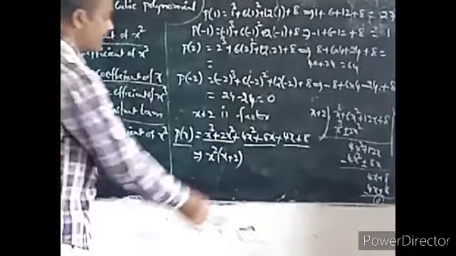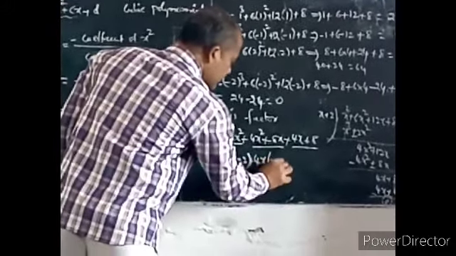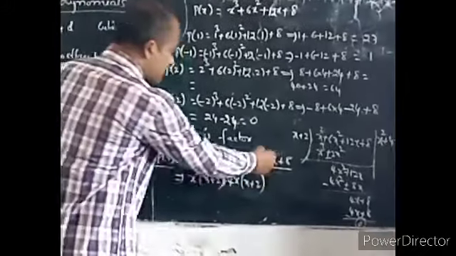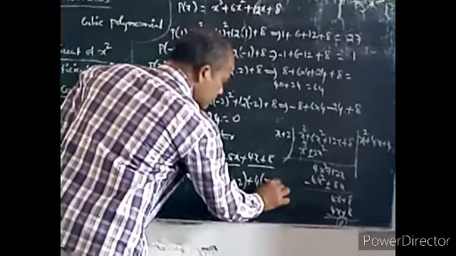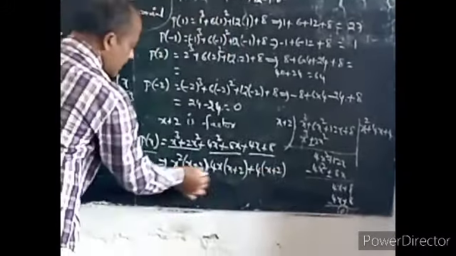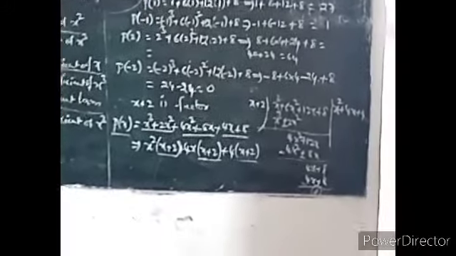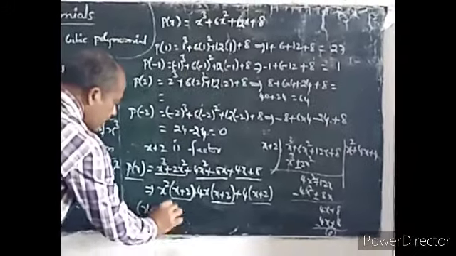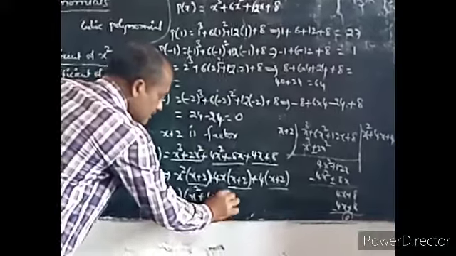Next here 4x is common, x plus 2. Next here 4 is common, x plus 2. Now in each and every part x plus 2 is common. Now x plus 2 is taken out. We are getting x square plus 4x plus 4.